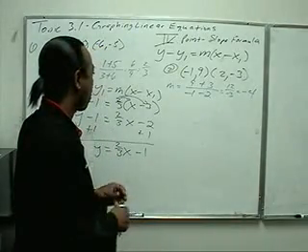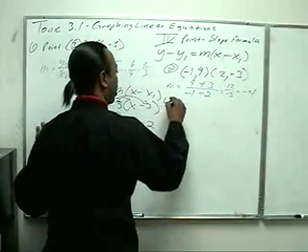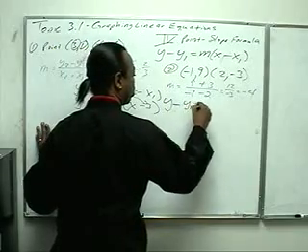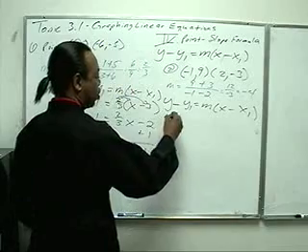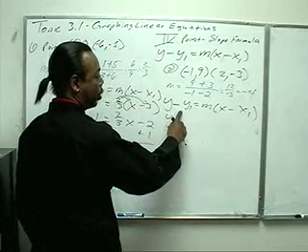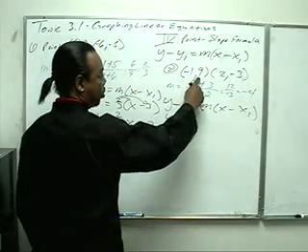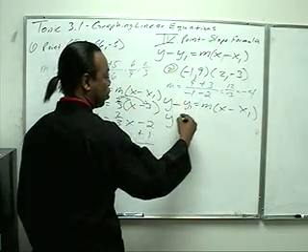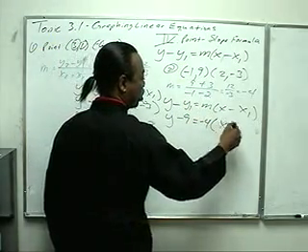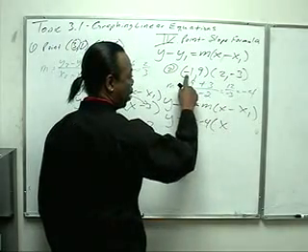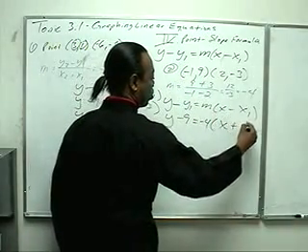Now, we pull out the point-slope formula. And from here, we get the opposite of y1. Let's use these two right here. The opposite of y1 would be a -9. The slope will be a -4. The opposite of x1 will be a +1.